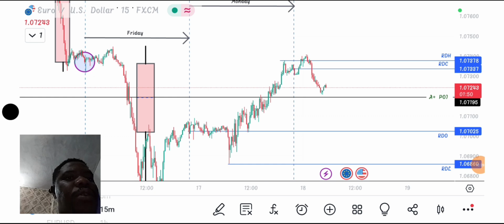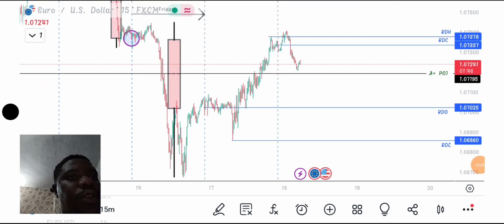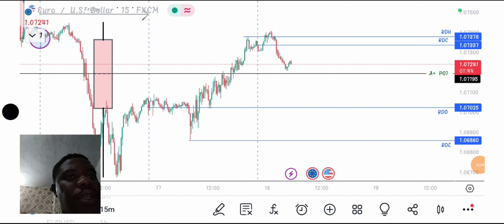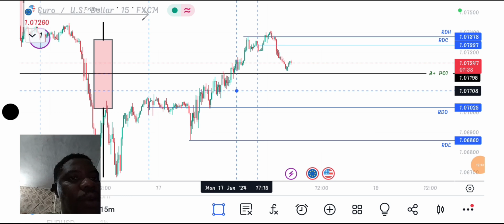So with all this being said, now guys, let's draw the candlestick that formed on Monday from our daily time frame.